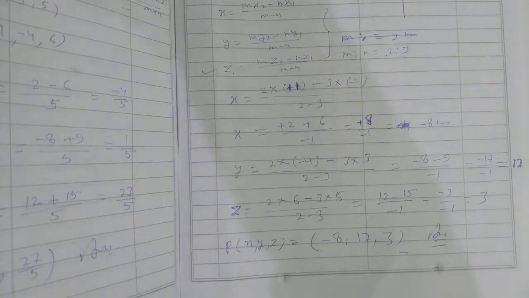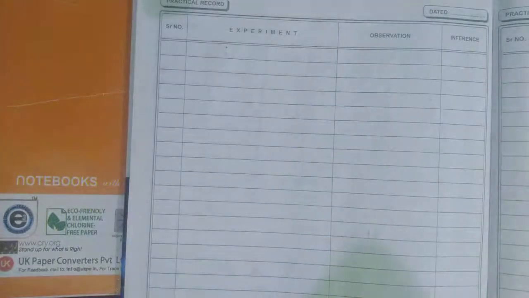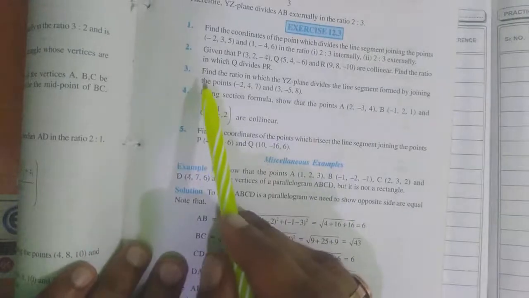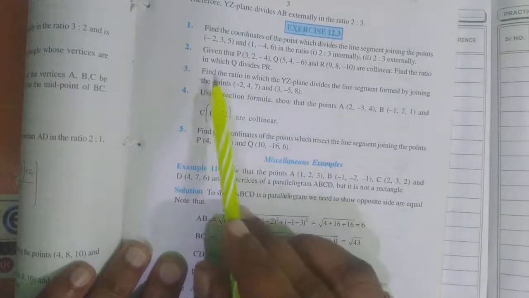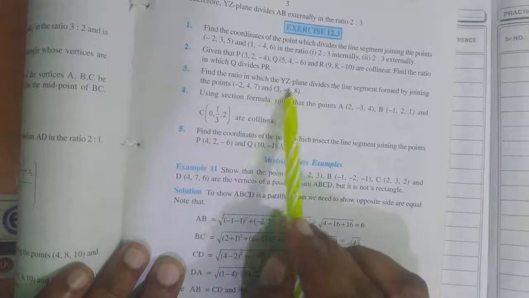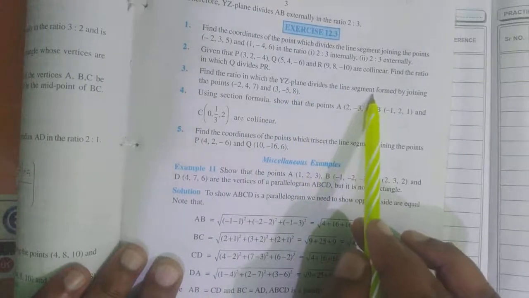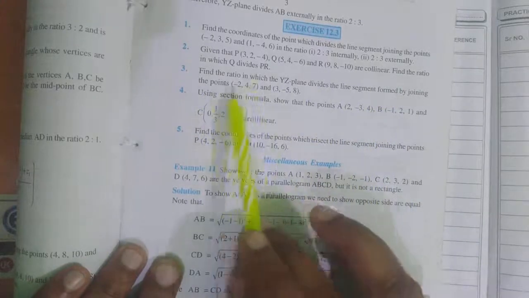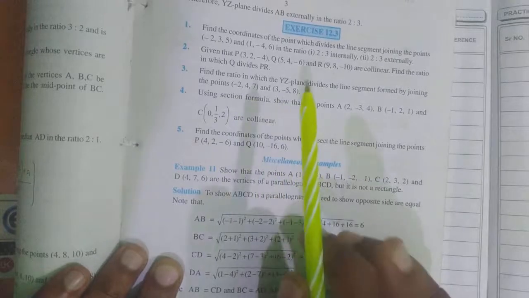Yes, note it down. Yes student, next we will solve question number 3. This is a different type of question in this exercise. Find the ratio in which the yz plane, you will look here, especially write yz plane, that means the x plane is not here, the value of the x coordinate will be 0, divides the line segment formed by joining the coordinates of point A and point B. So what do you find here?